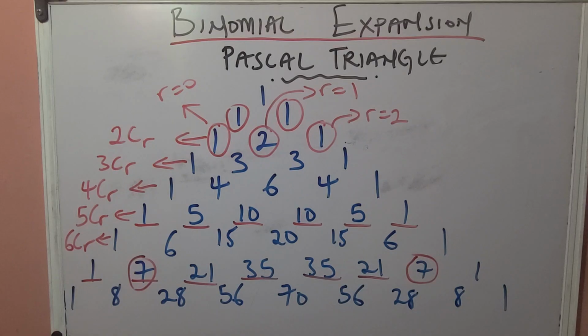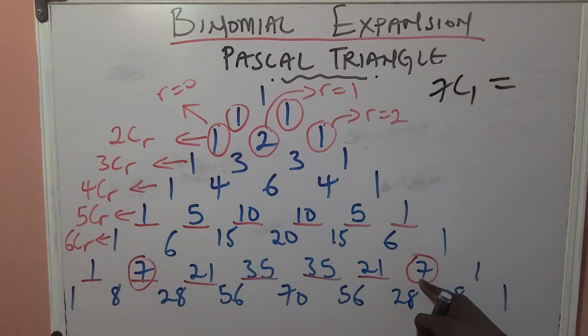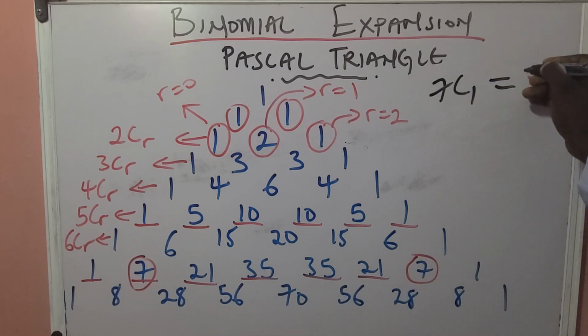Let's try and investigate what R was in those cases. If you investigate, you will see this was 7 combination 1, this is 0, this is 1. So that means 7 combination 1 was equal to 7 combination 6. Okay, probably that was a coincidence.